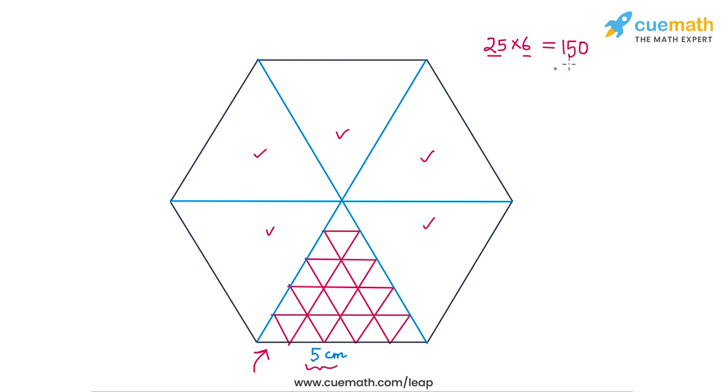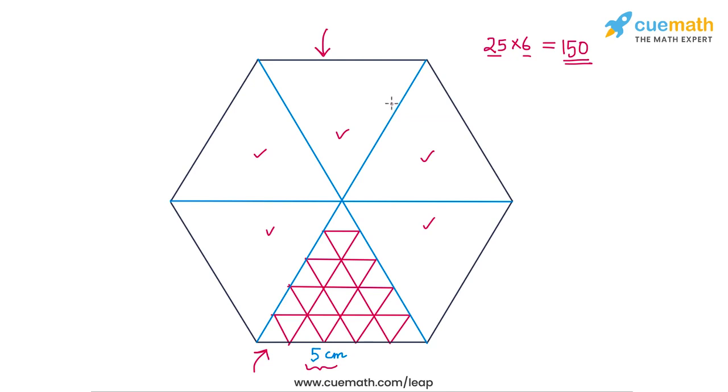So you can fit 150 equilateral triangles of side 1 centimeter into this hexagon of side 5 centimeter. So that solves part 1, the first rangoli.